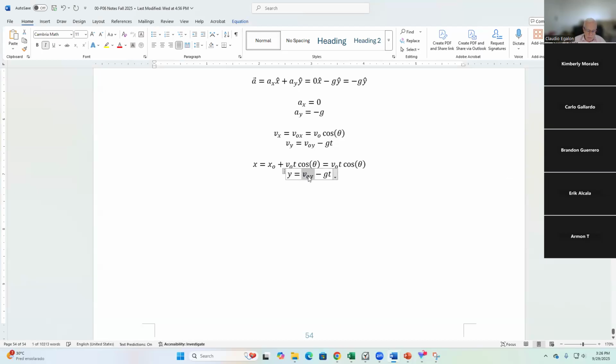Y is uniformly accelerated, right? Y naught plus v naught y t minus half g t squared. So x equals v naught t cosine of theta, and y equals v naught y times t minus half g t squared.